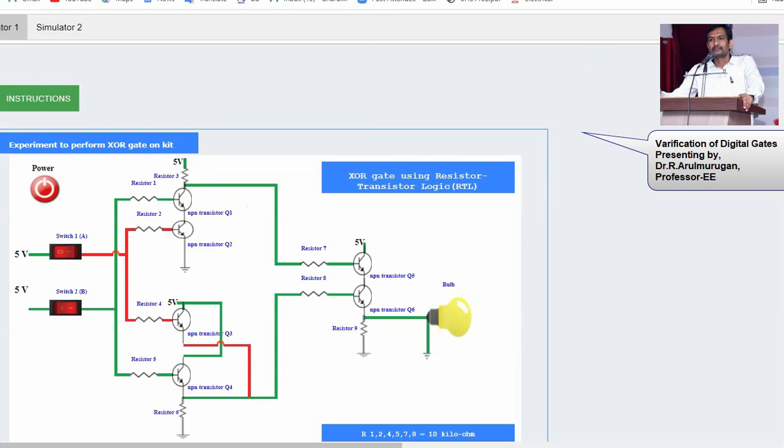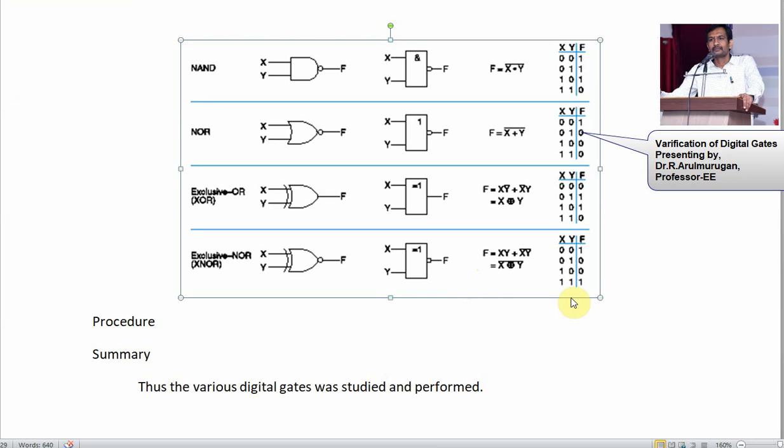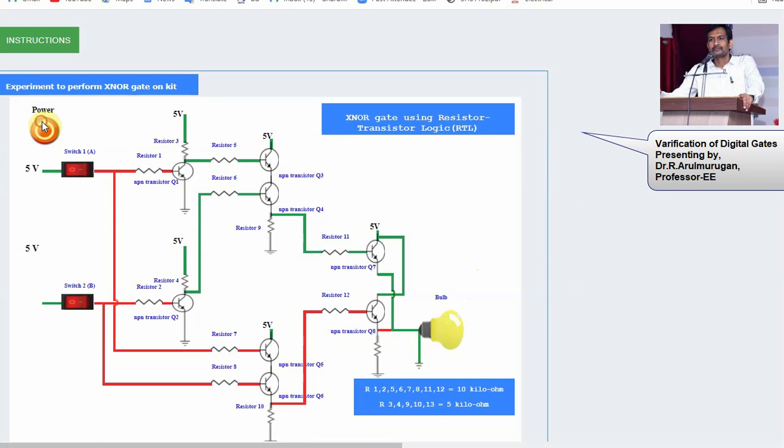So let's go to that table. What is the truth table saying? 0 0 means on, 1 1 means on. So this is the truth table for XNOR. 0 0 on, 1 1 on, 0 1 off, 1 0 off.